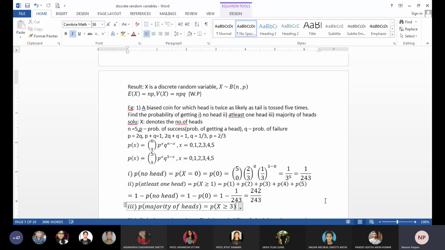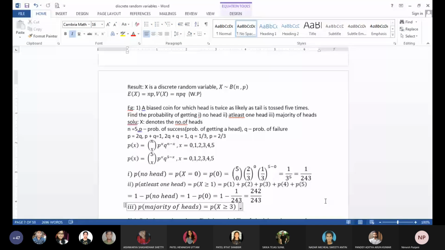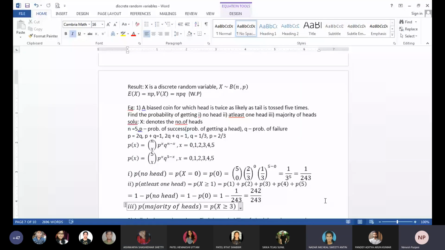So when there are 3 heads, how many tails? 2. So heads are more. Yes, sir. Right? When x is 4, that is when 4 heads are there, how many tails? 1.